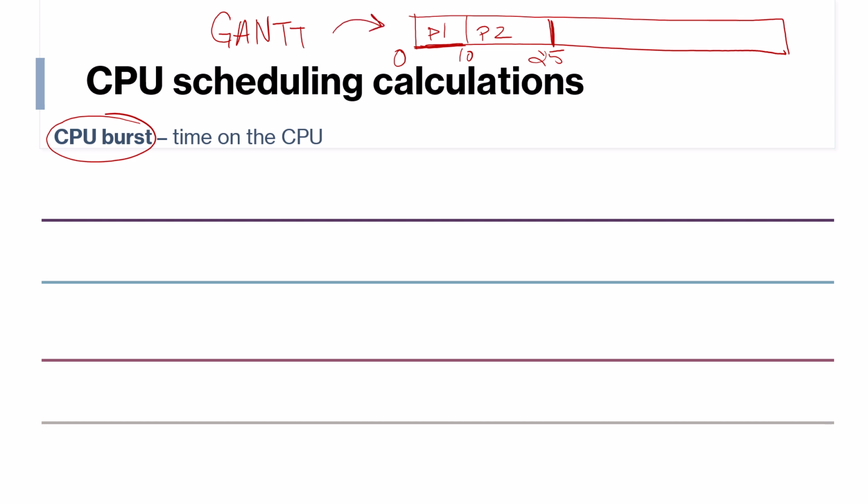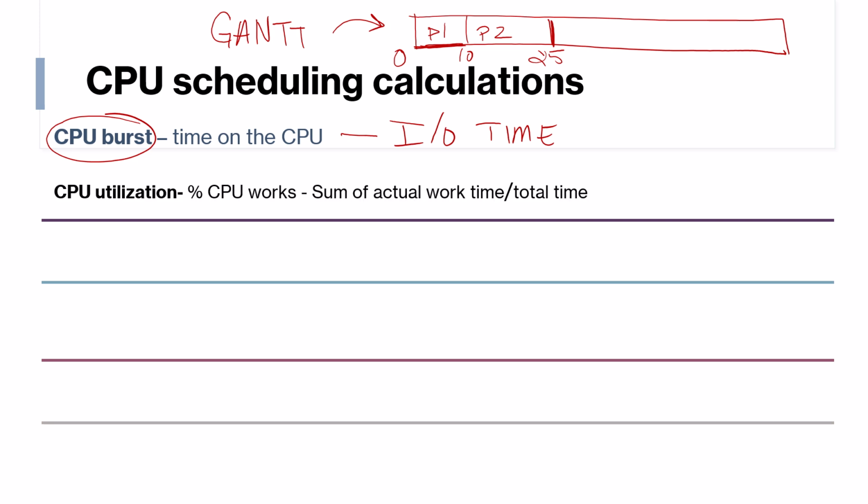As we're practicing different algorithms, we will be using Gantt charts to do it by hand and practice, get some results, and see how different algorithms work with different types of processes and different amounts of CPU bursts. We're going to start out with CPU bursts, and then later we're going to add I/O time into our exercises. But first, we're just going to start with CPU bursts.